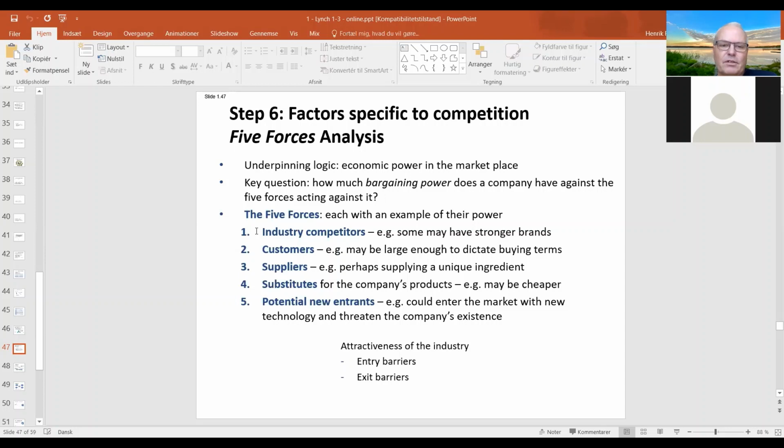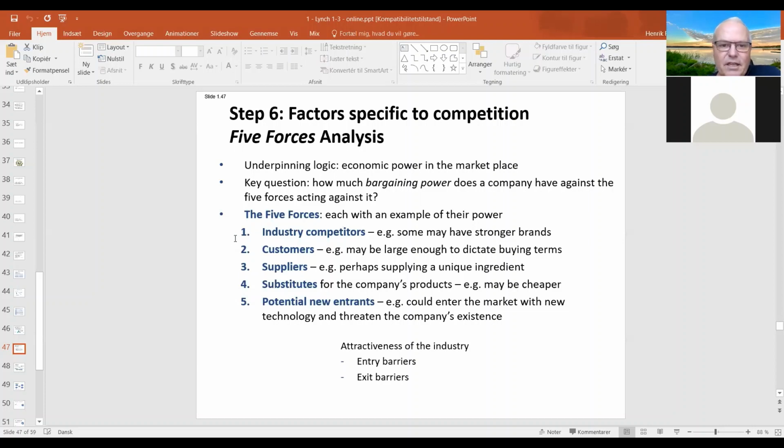Will that be different if I am a very big producer and there might be 50 small producers? Is that a different situation? Yes, of course it is. So the industry and the type of competitors that we find in the industry has an impact on the bargaining power from the other companies within the industry. And that can tell us something about how attractive the industry is.